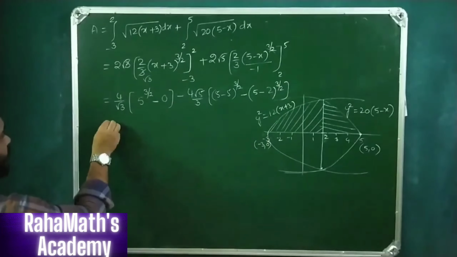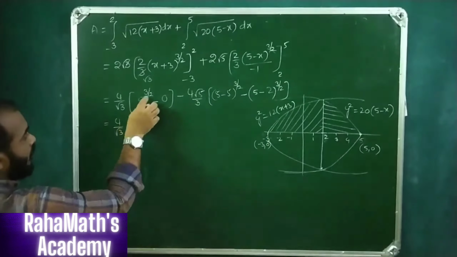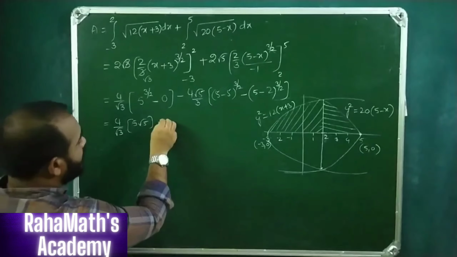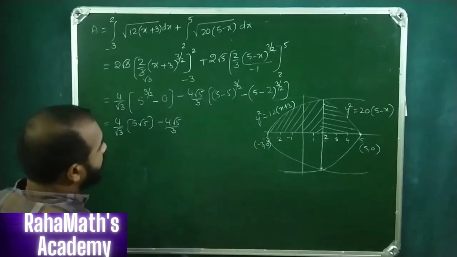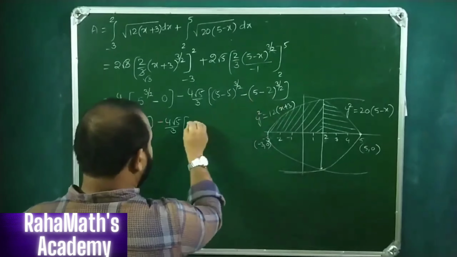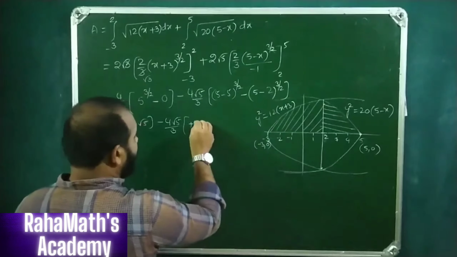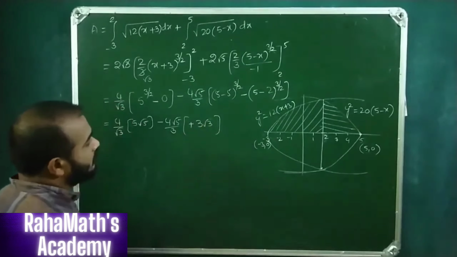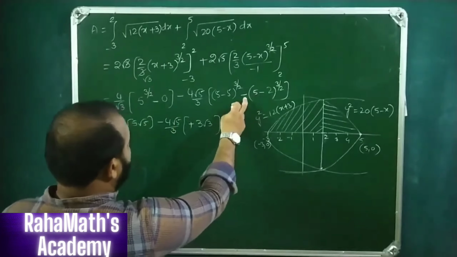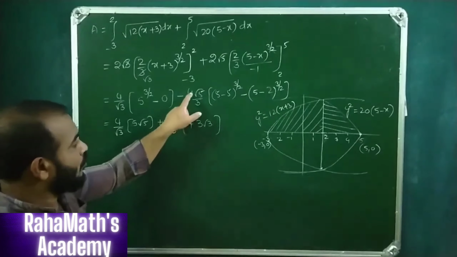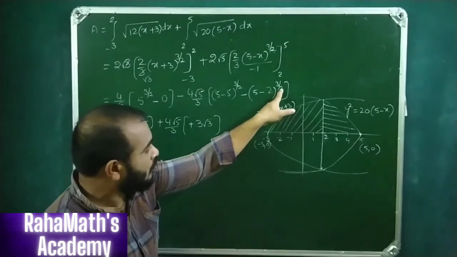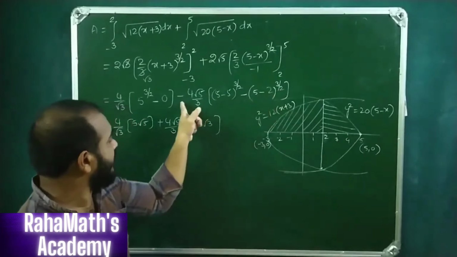This is equal to 4 by root 3, 5 power 3 by 2 is 5 root 5, minus 4 root 5 by 3 into this value is 0. 5 minus 2 is 3, minus of minus, plus 3 power 3 by 2 is 3 root 3. So minus of minus is plus 4 root 5 by 3, this is minus. 5 minus 2 is 3, power 3 by 2, so minus 3 power 3 by 2, minus of minus is plus.